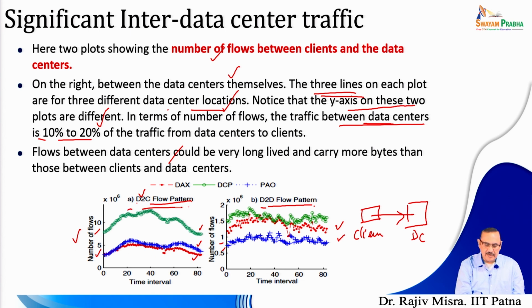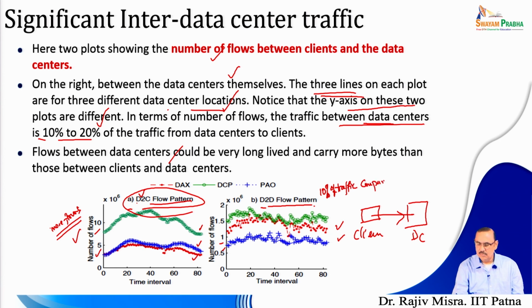So, DC to the client has more traffic, more number of flows experienced compared to the data center to data center traffic flow, and this data center to data center traffic is only 10% compared to data center to the client.